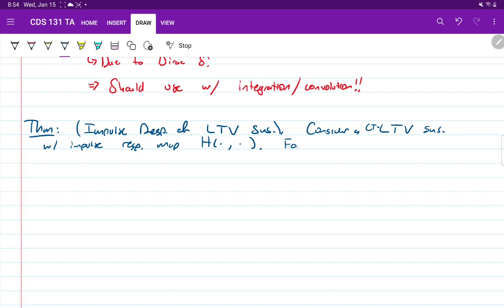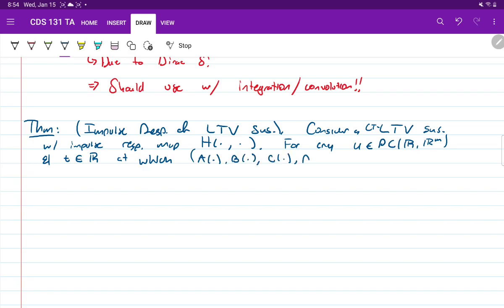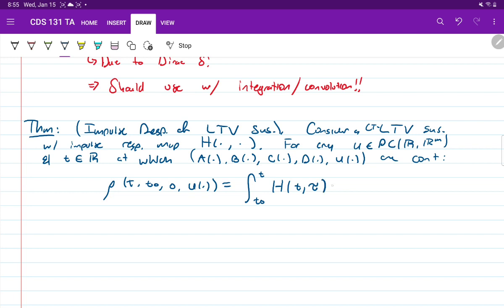For any signal u which is piecewise continuous from R to R^m, and any time t in R at which all of our system data, A, B, C, D, and your input u, are continuous, we write the following. Rho of t, t naught, 0, u equals the integral from t naught to t of H of t comma tau, u of tau, d tau.